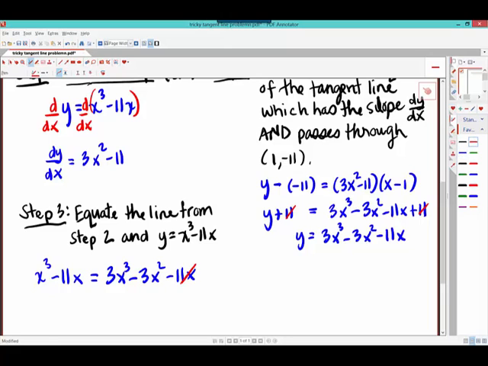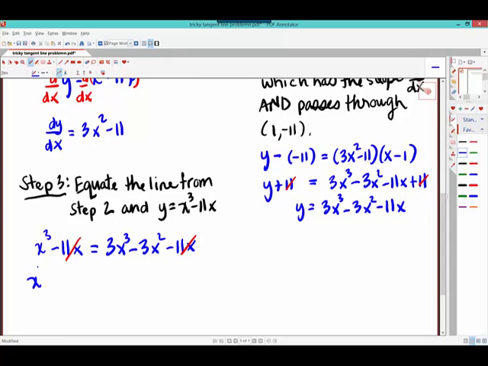Notice that the 11x's zero out, and getting all the terms on the right side, we'll have 0 equals 2x cubed minus 3x squared.